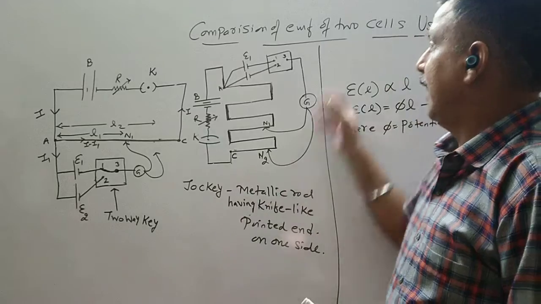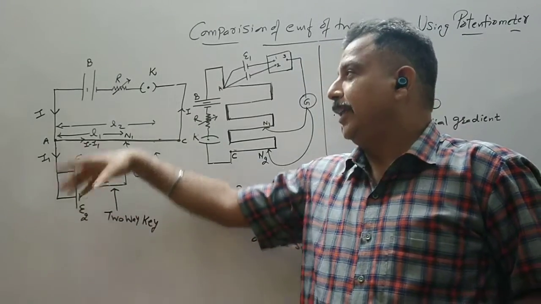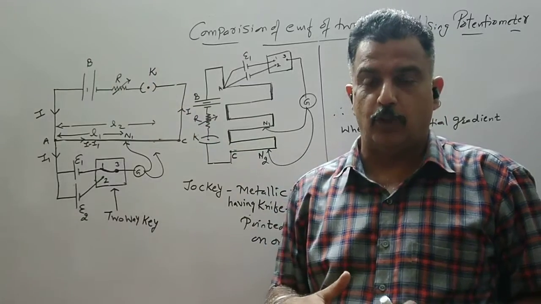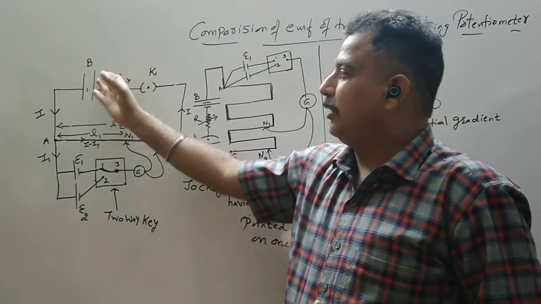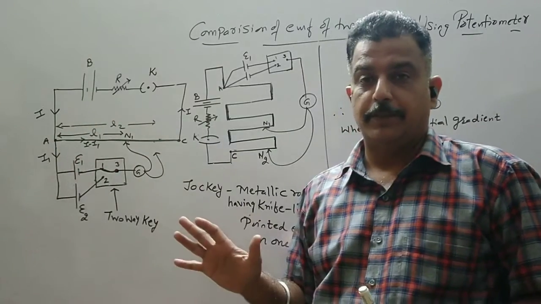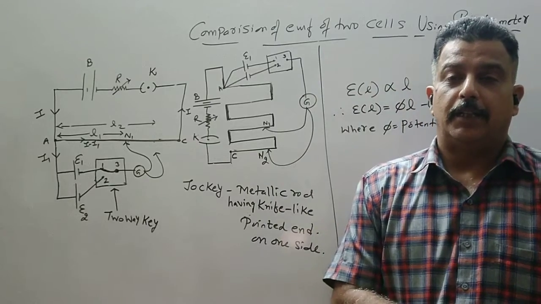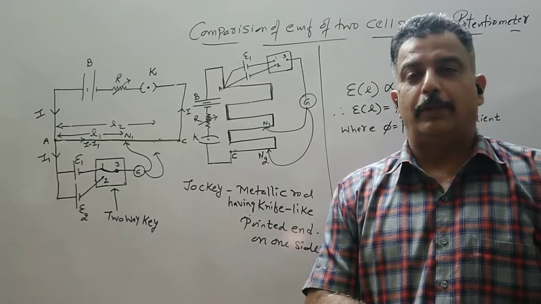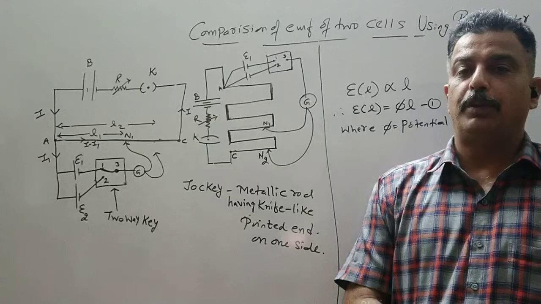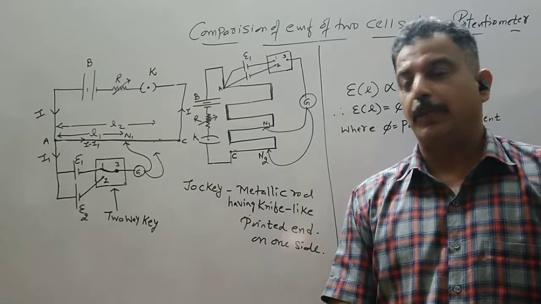So suppose the cell has an EMF of 100 volt and the driver battery is less than 100 volt, so it will not produce a current. The current will be reversed. So you will not be able to measure the EMF of the cell. So you have to remember that the driver battery's EMF should be more than the EMF of the cell which is to be measured.